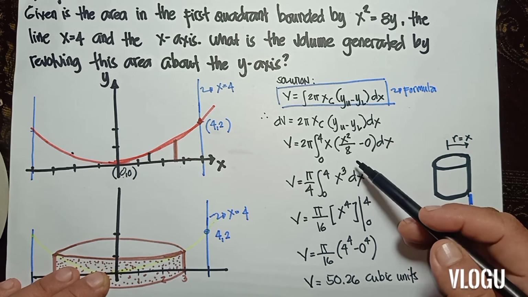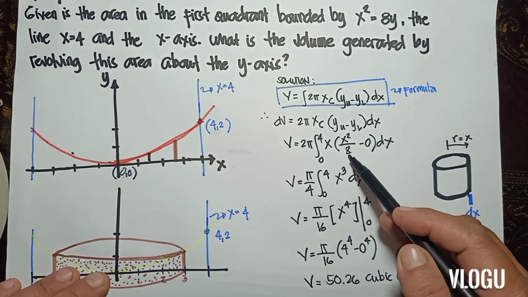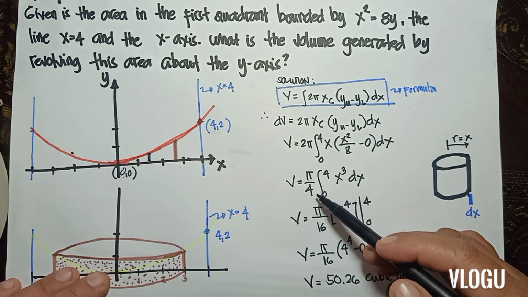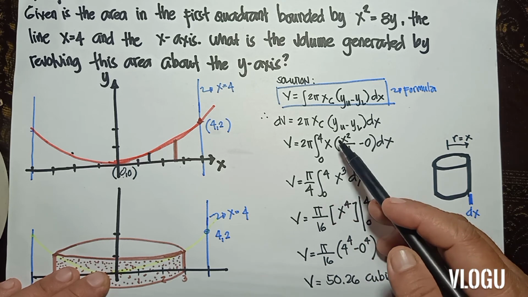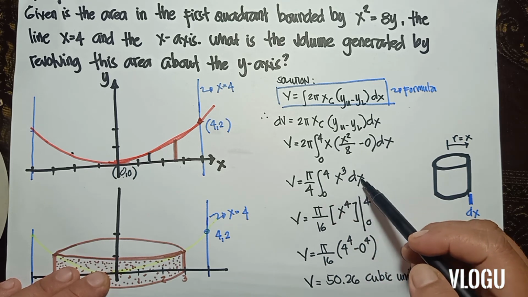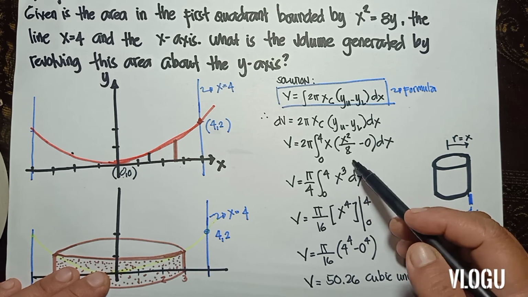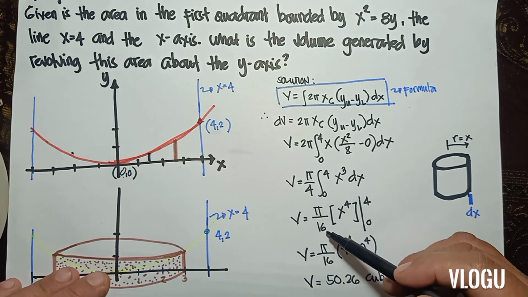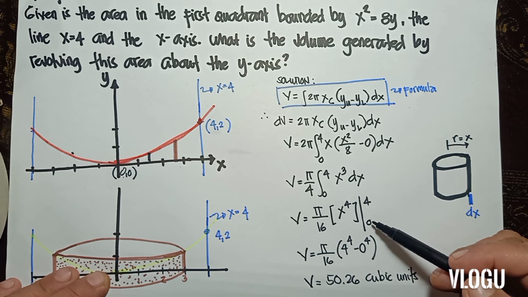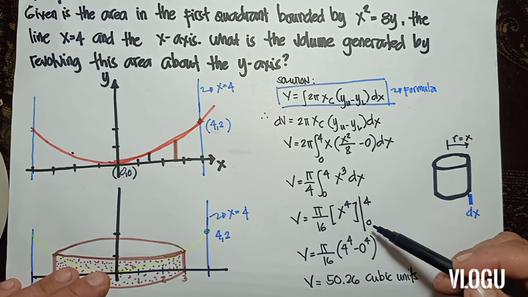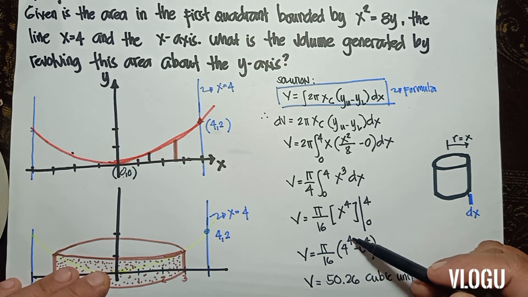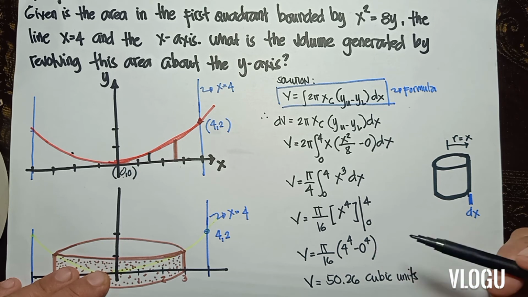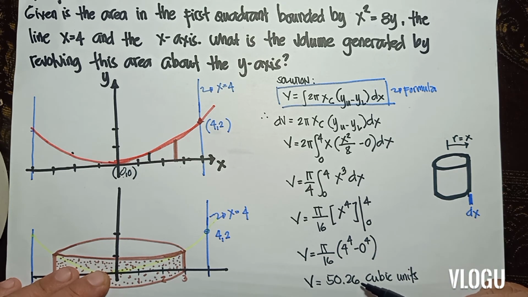So that's the reason you will have 2 pi divided by 8, that will become pi over 4, evaluated from 0 to 4, x times x squared, x cubed, dx. The integral of x cubed is x to the 4th over 4. So 4 times 4, 16. Evaluated from 0 to 4, you will have 4 raised to 4, minus 0 raised to 4. And your answer is equivalent to 50.26 cubic units. Okay?